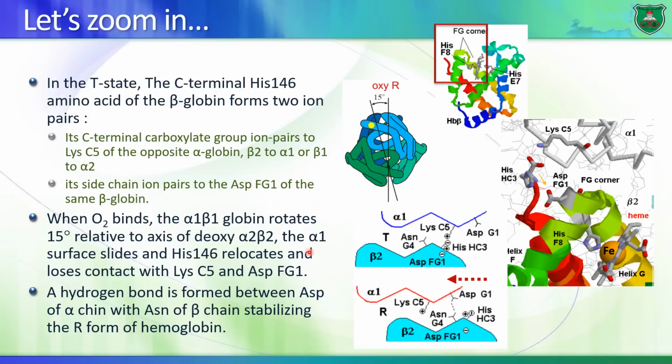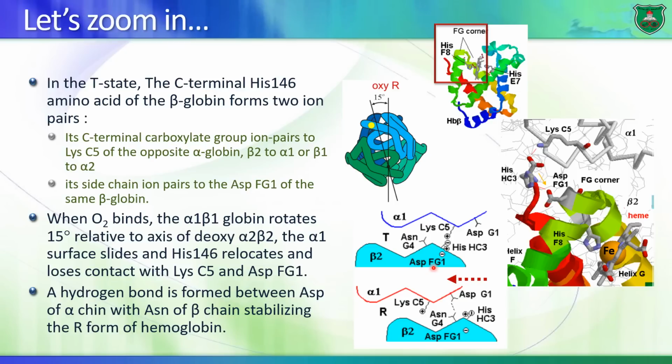So this histidine, the very last one in this alpha helix right here, can form non-covalent interactions. These interactions are between the positively charged R group of histidine and an aspartate within the same beta chain.